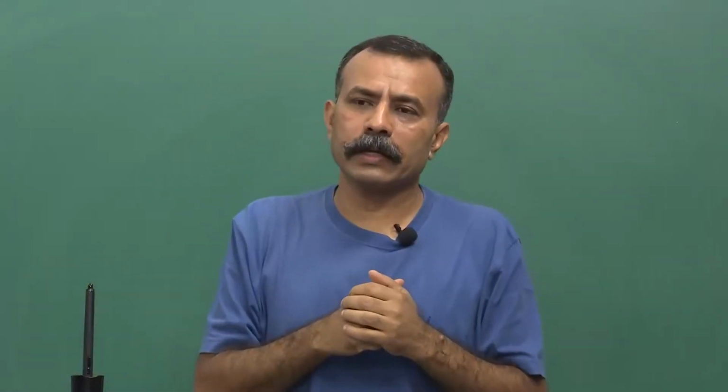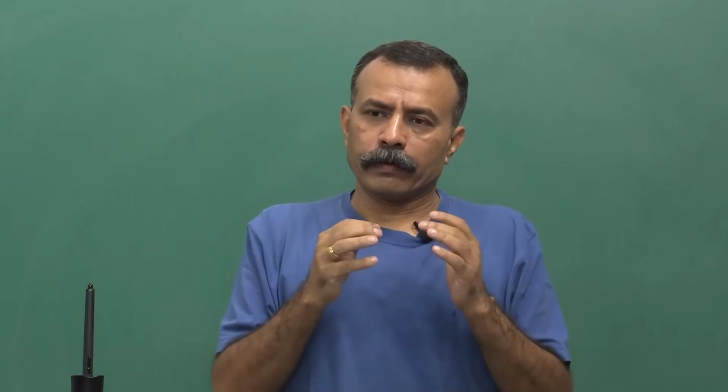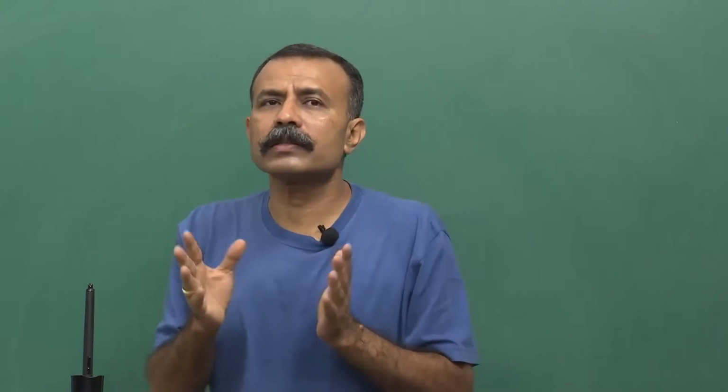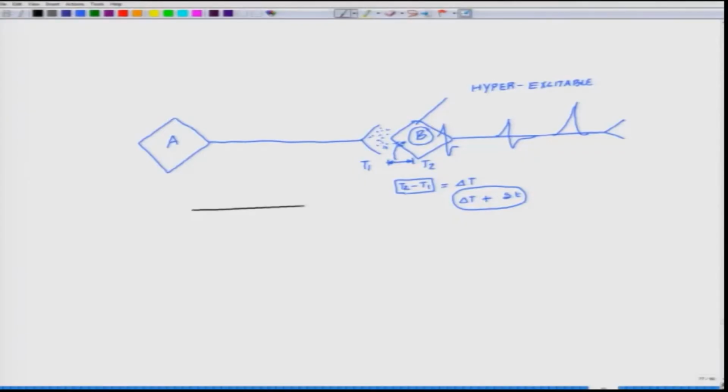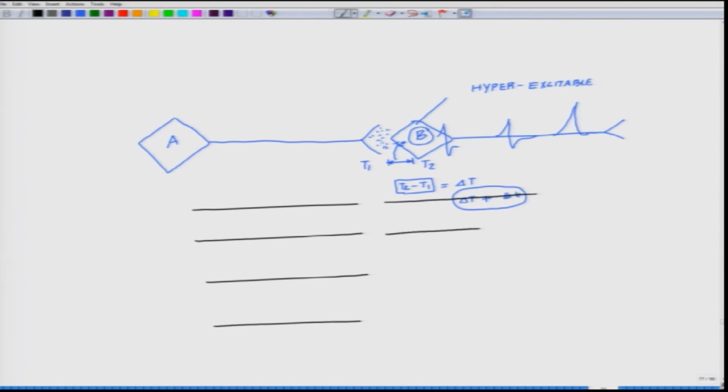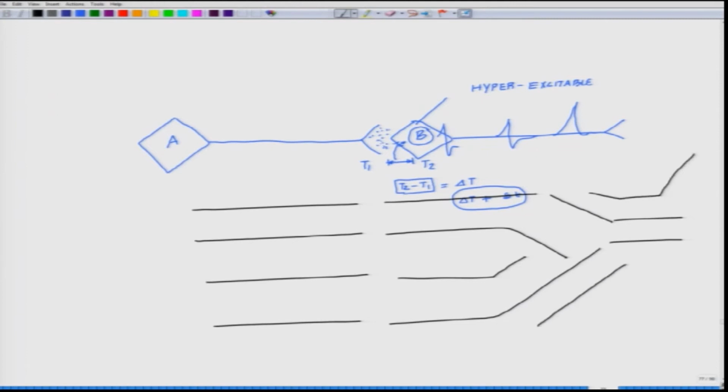What happens exactly, from the neurophysiological perspective, is this. In the vast network, if this is the network, I am not drawing the individual neurons now, I am just keeping a gap to show the synaptic region.